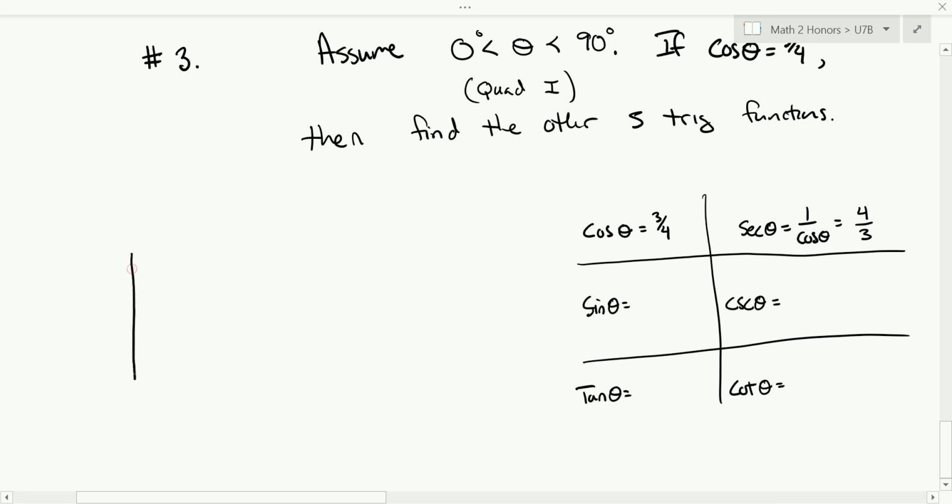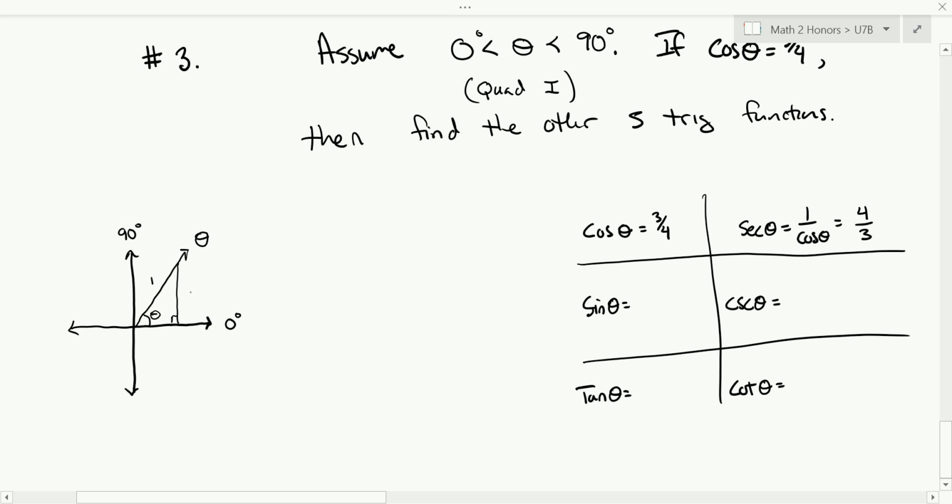So in our quadrant 1, because it tells us that we're working between 0 and 90 degrees, is some theta, and we don't know what theta is. It's somewhere here. And I'm going to draw my right triangle. There's 1. We actually know that the reference angle is also theta.